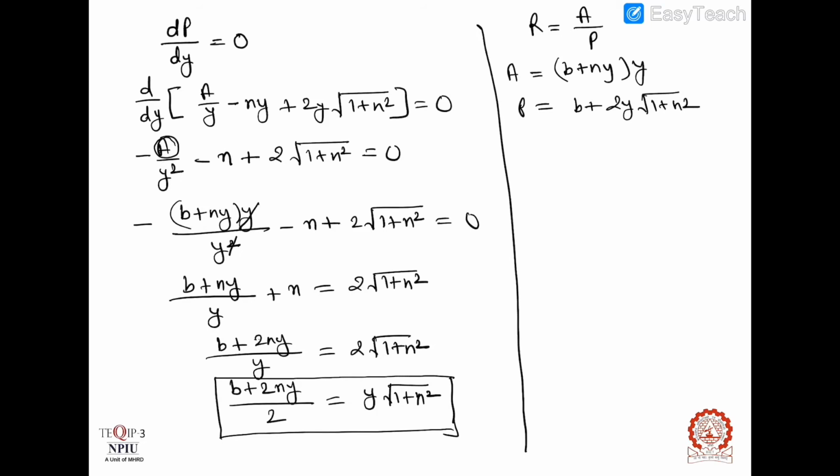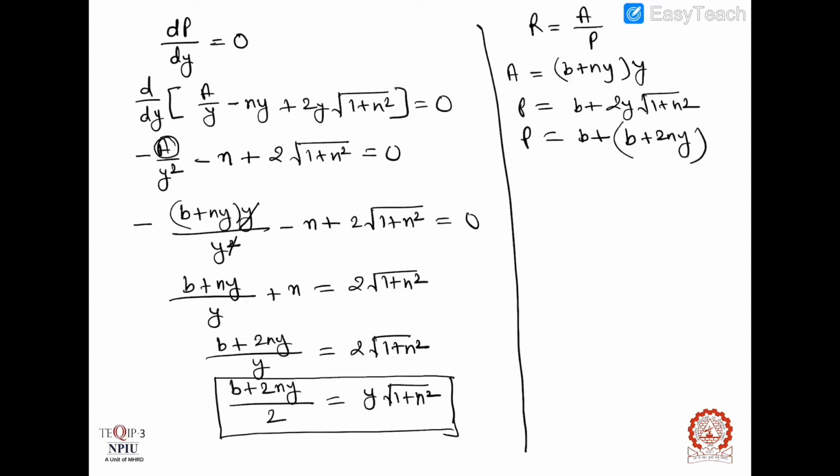Now 2y root over 1 plus n square is equal to, from this expression for most economical channel section, 2 you can transfer here, then 2y root over 1 plus n square is equal to b plus 2ny. So substitute here, then perimeter will become b plus 2ny.